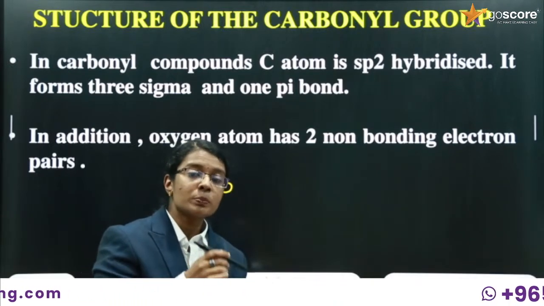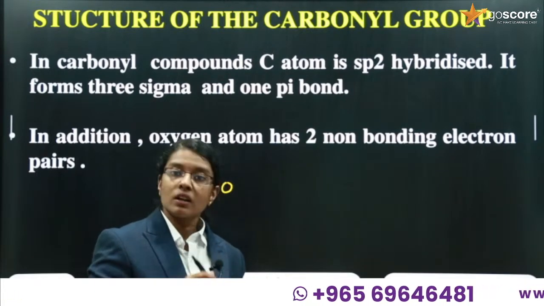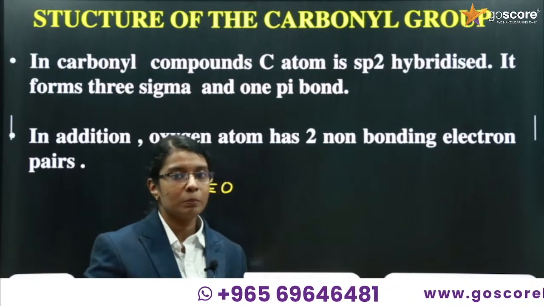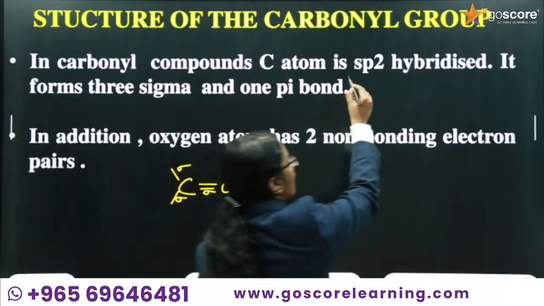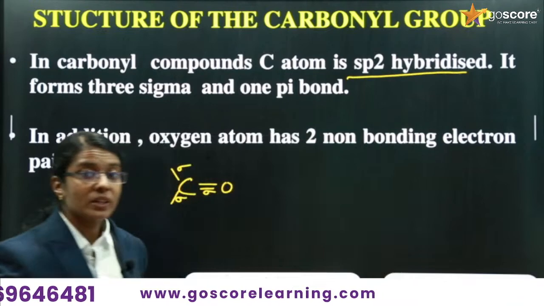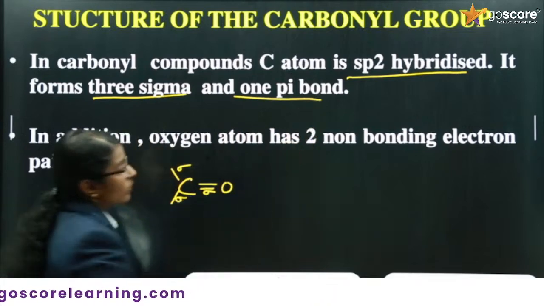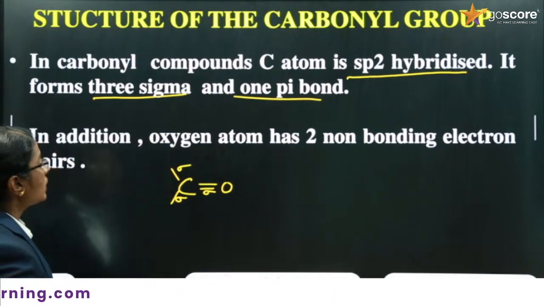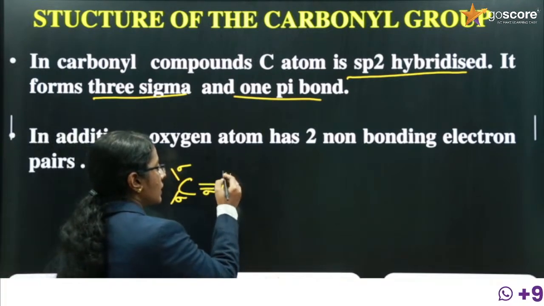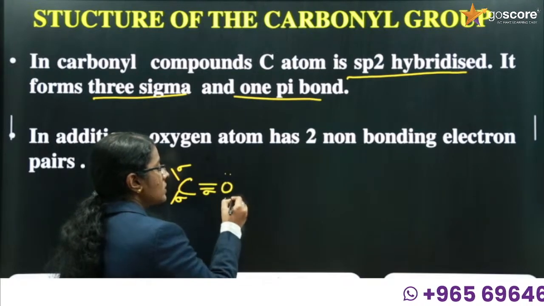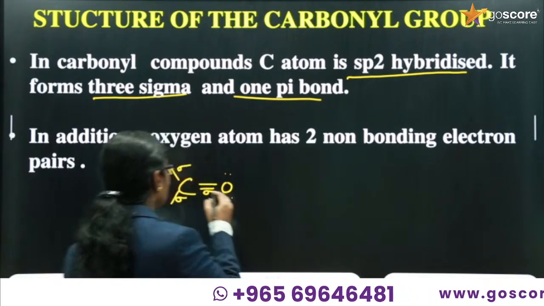The unhybridized p orbital of the carbon overlaps with the p orbital of oxygen, which lie above and below the plane. So the carbon is sp2 hybridized. It has 3 sigma and 1 pi bond. In addition, the oxygen atom has 2 non-bonding electron pairs. So what will be the shape?